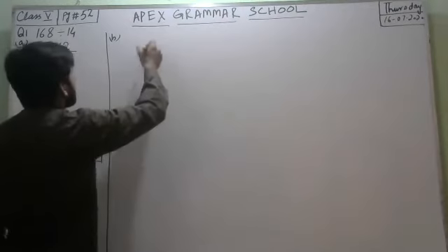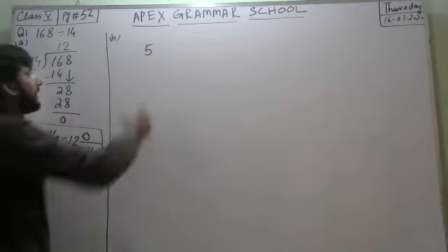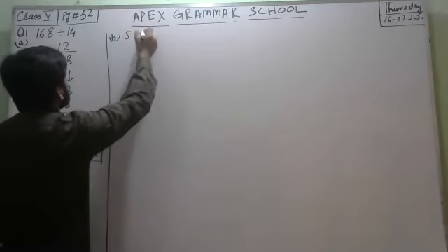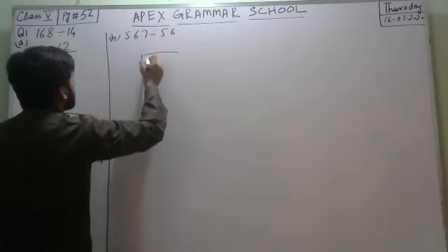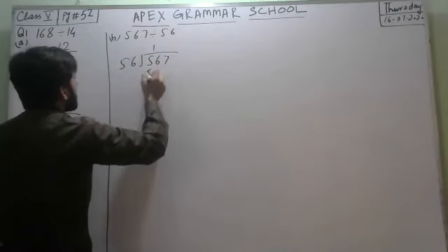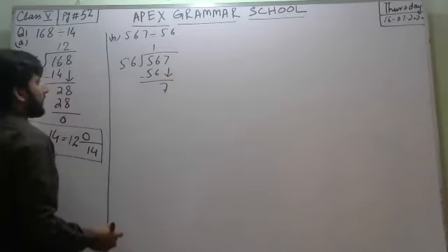B part is 567 divided by 56. 56 ones are 56. 7 will come down.